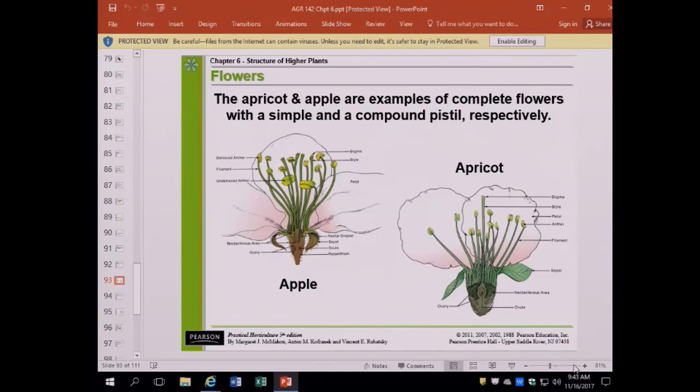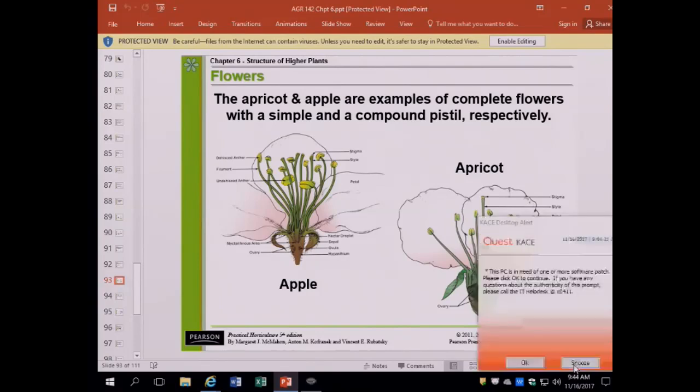There's actually 5 of those stigmas, which will carry pollen down to each one of these ovules inside of the ovary. And the pollen is going to come from those anthers that are held up by the filament. And then you've got the stigma and the style figured there. The petal is going to be that little attractive thing on the background that you see there.